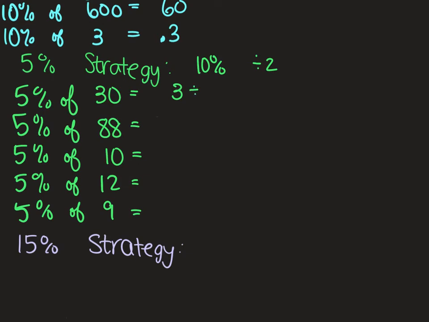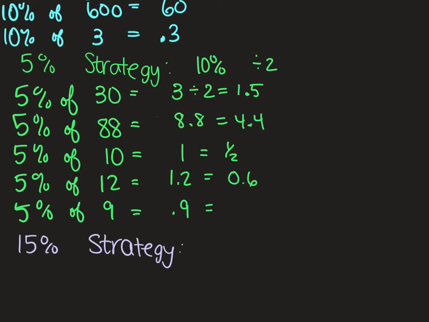Then we're going to cut 3 in half to get 1.5. 88, we're going to hop backwards to make it 8.8 and then cut it in half to make it 4.4. 10, we're going to hop backwards to make it 1, cut it in half to make it a half. 12, we're going to hop backwards 1 and then cut it in half.